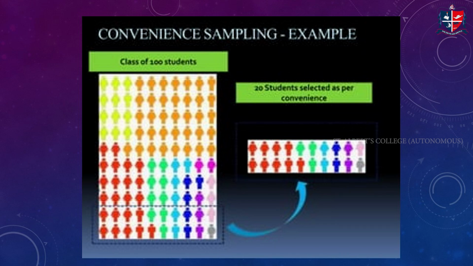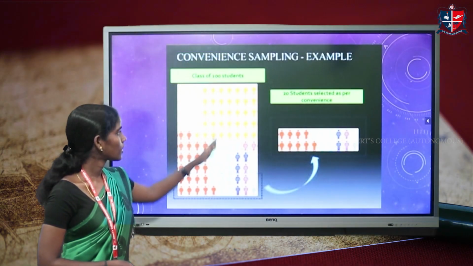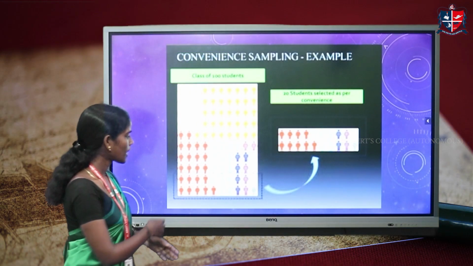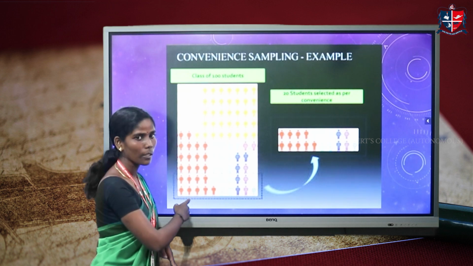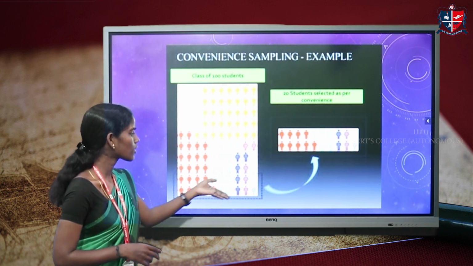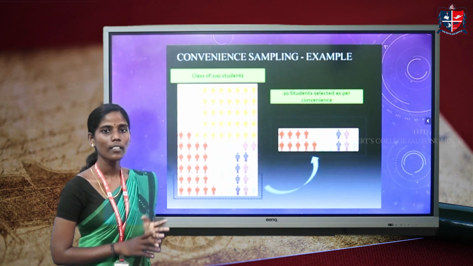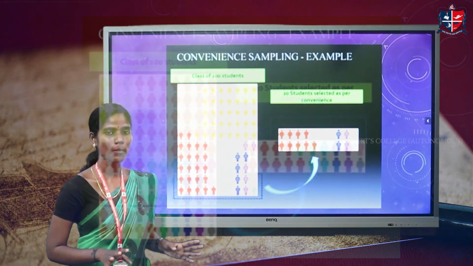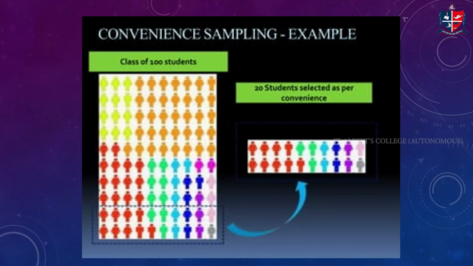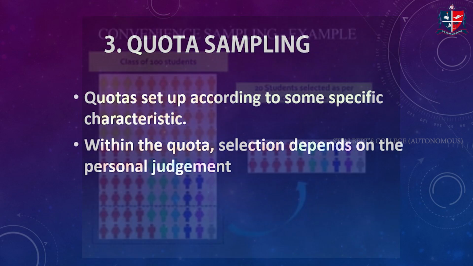See, here a lot of students are here. This is the population. He selected this group as sample because he thinks that it is convenient for him. That's all. There is no criteria, there is no basis, anything. Just select the sample which is convenient for him.